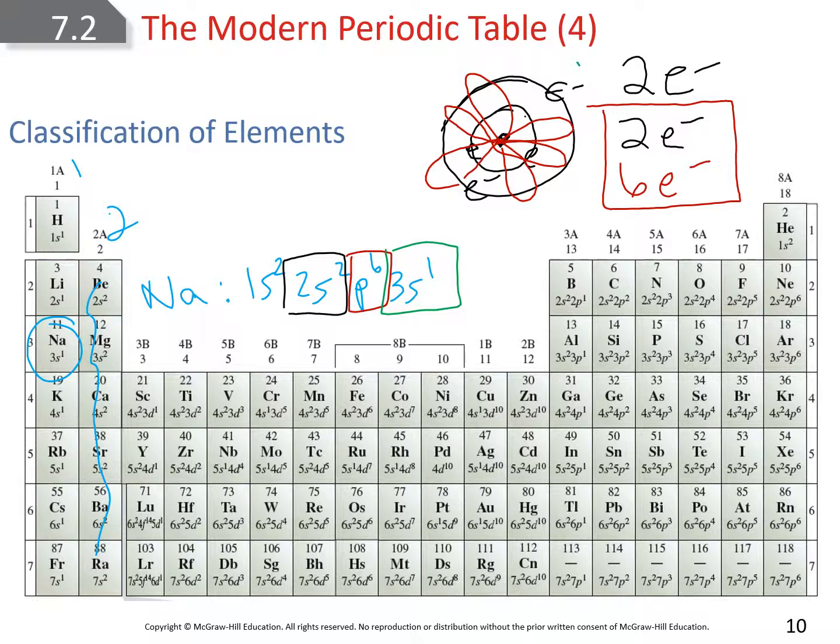So what I'm left with are 8 total valence electrons after sodium becomes an ion. So sodium goes from regular sodium solid to a sodium ion plus 1 electron because that electron was lost.